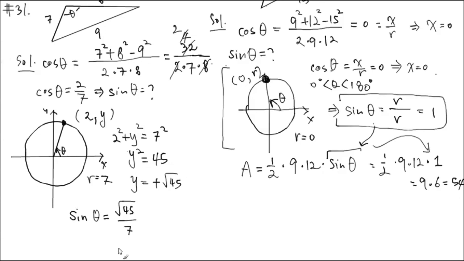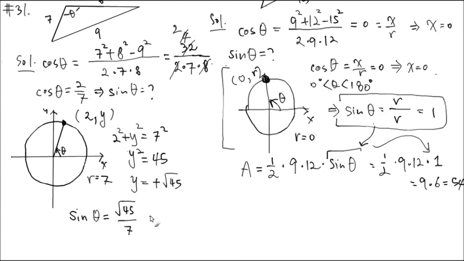If you calculate theta approximately using your calculator, you can also verify that the number you see is close to the number that's written down here. That's the gist of it, right? You calculate cosine using the law of cosines, then using the circle method, calculate the exact value of sine.